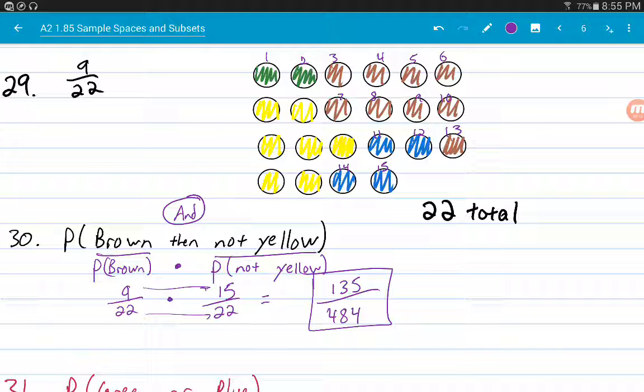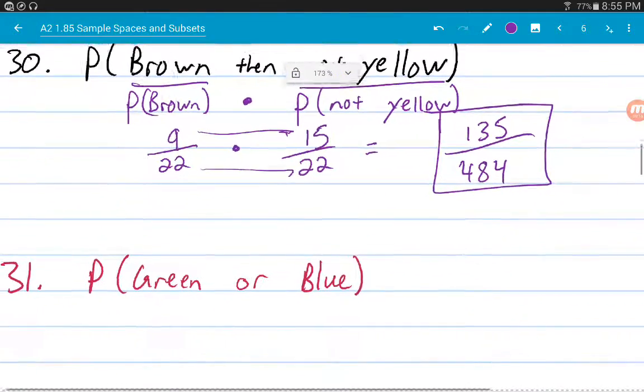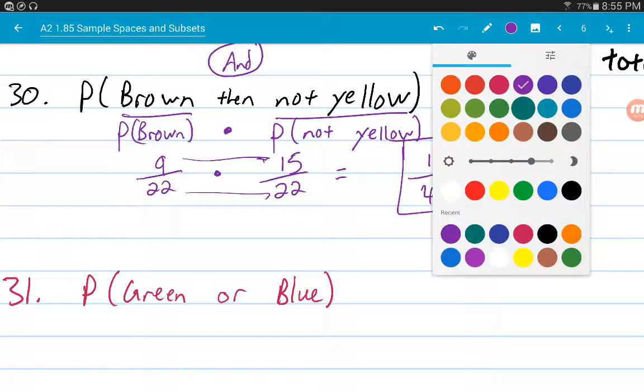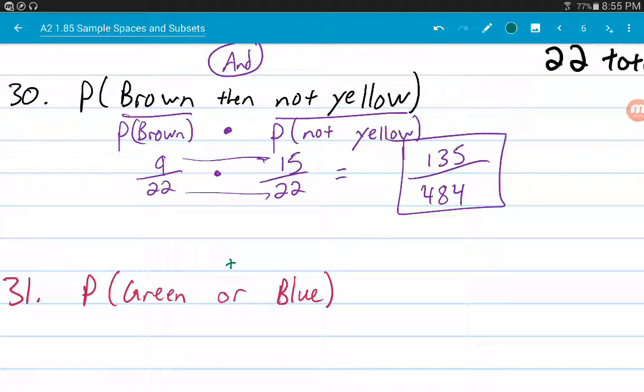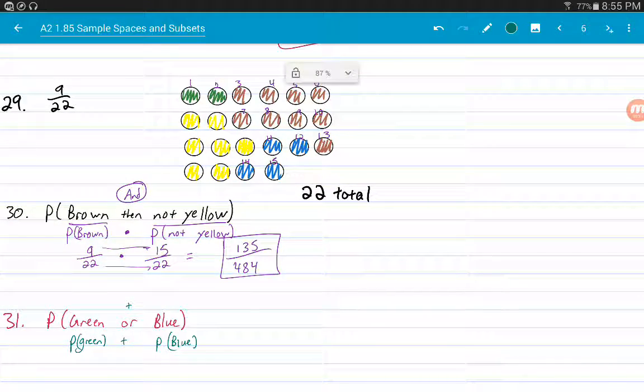Okay, moving on. Green or blue. Very simple. Green or blue. Or becomes addition. So the probability of green plus the probability of blue. So let's see. How many green do we have up here? 2. And we have 4 blue.